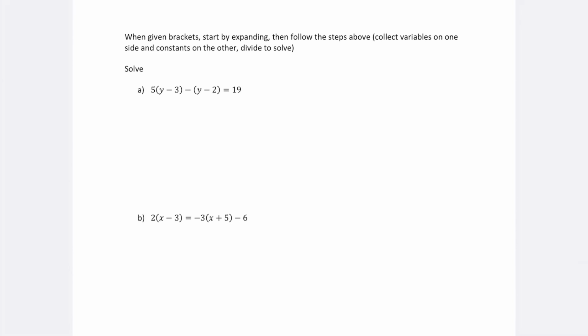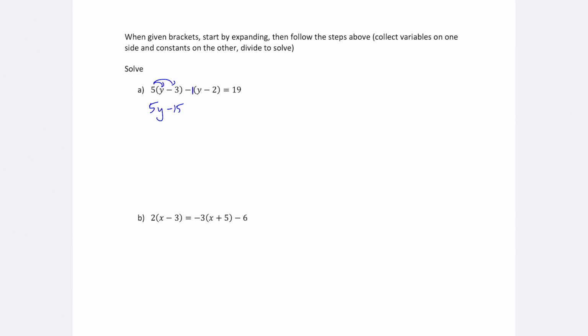So when given brackets, we're going to start by expanding and then follow the steps above, which was collect variables on one side and constants on the other, and then divide to solve. So we have 5 times y minus 3 minus y minus 2. So we're going to multiply the 5 into both of these. So that's 5y minus 15.